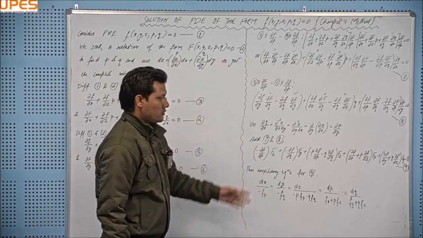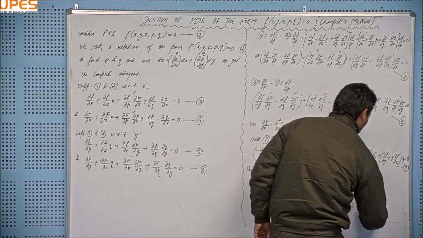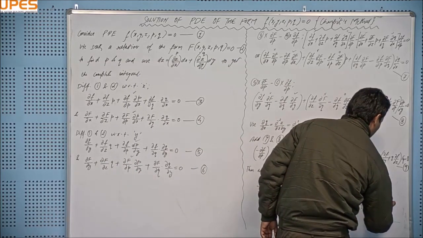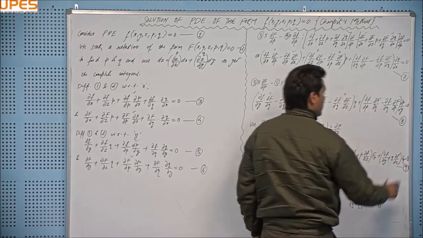Okay, and you can write here del capital F upon 0 because the right hand side is 0.